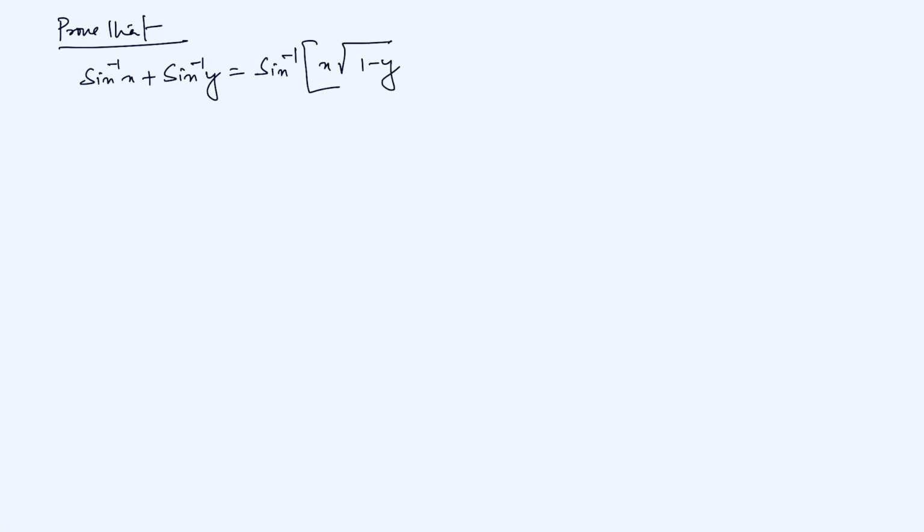Prove that sine inverse of x plus sine inverse of y is equal to sine inverse of x into under square root 1 minus y square plus y into under square root 1 minus x square.